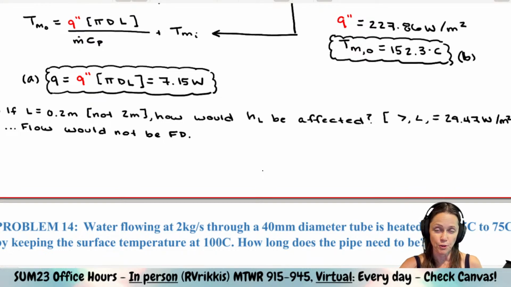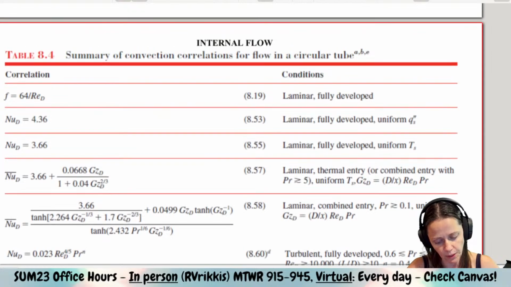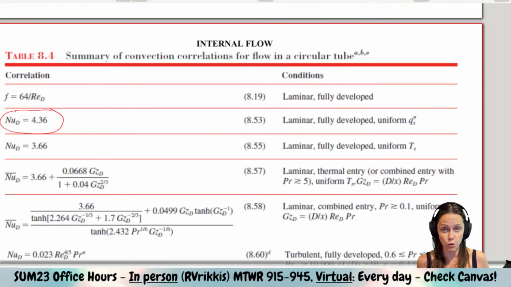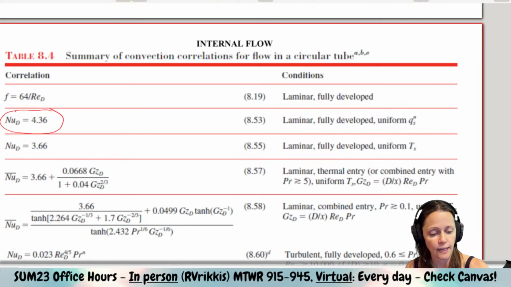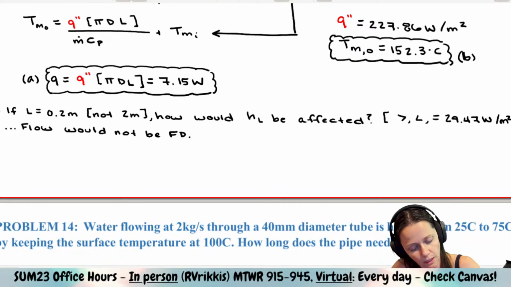So what does that mean for that local heat transfer coefficient? Remember, when we looked at our equation sheet, the Nusselt number that we used was a constant 4.36, and that is for fully developed flow.